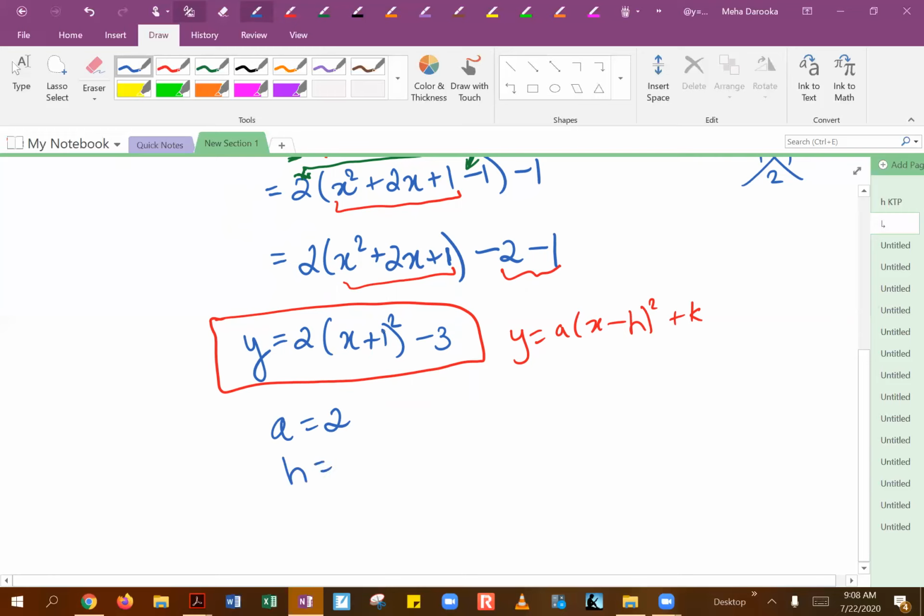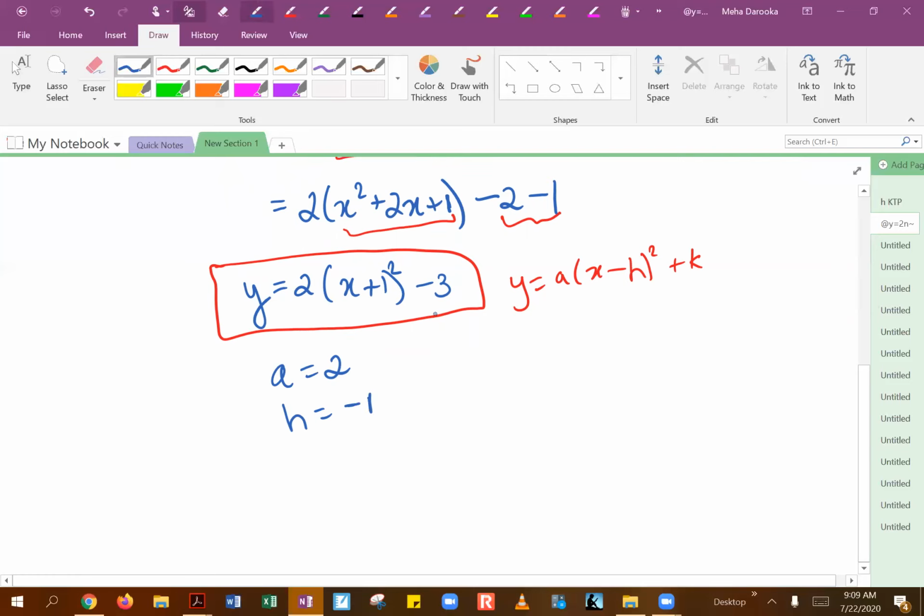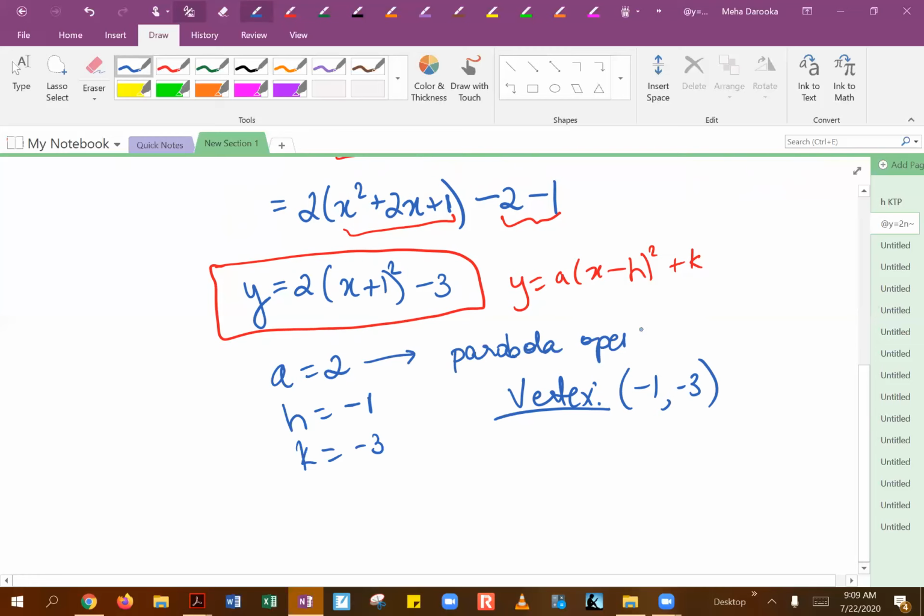The H is coming from the parentheses. Now, since this is x plus 1, that actually tells us the H value itself is -1. K is going to be that constant at the end. So since that's -3, of course, our K value is also going to be -3. So you can see our vertex for the parabola is going to be at -1, -3. A here is a positive number, so that tells us our parabola will open upwards.